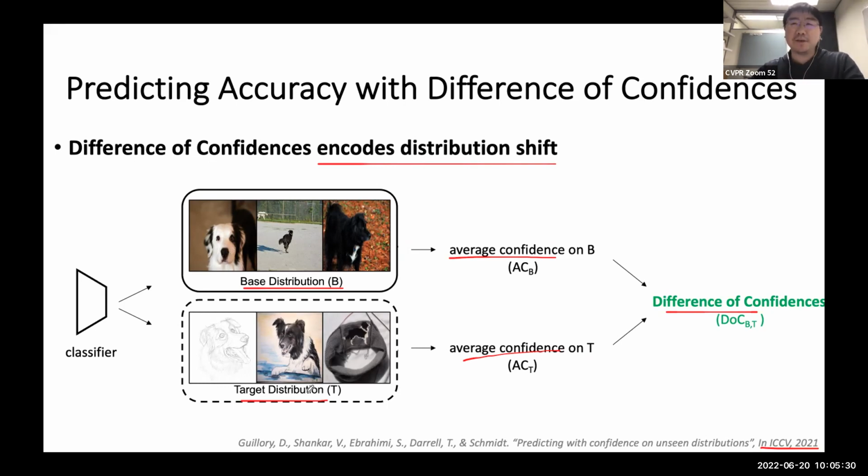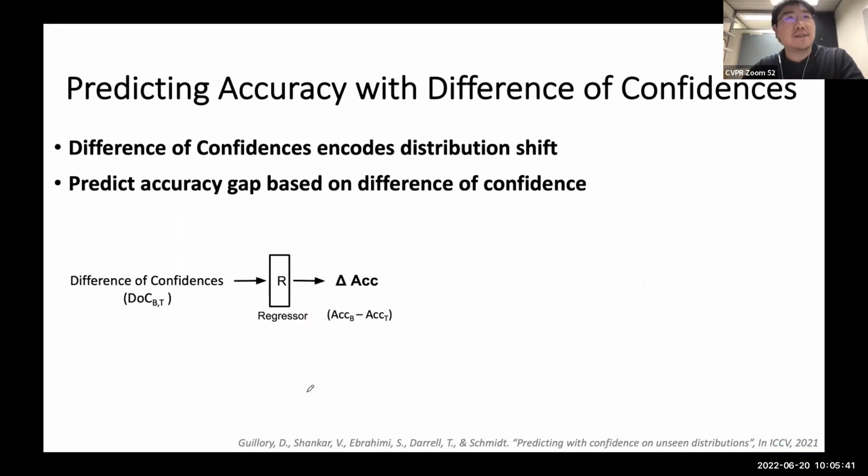And this domain gap is indicative of the accuracy difference. So basically, this difference of confidence, through a regression method, can be related to this accuracy gap, the model's accuracy on the base distribution and the target distribution.